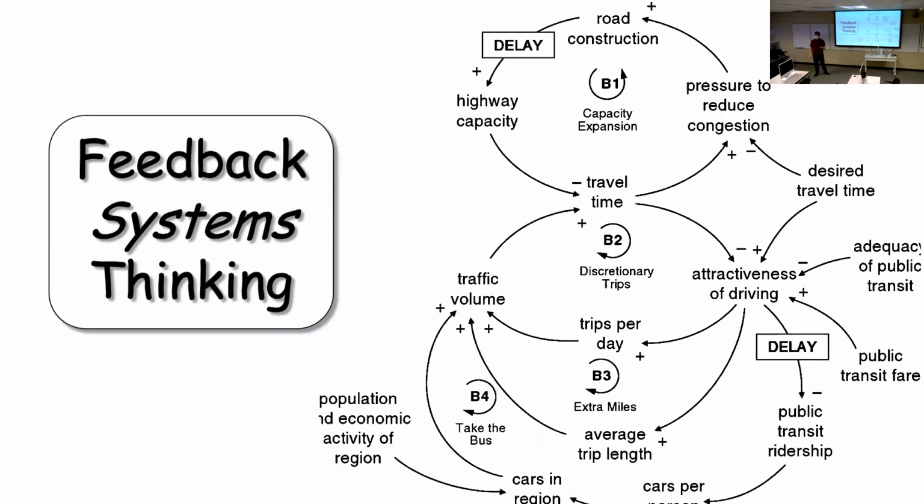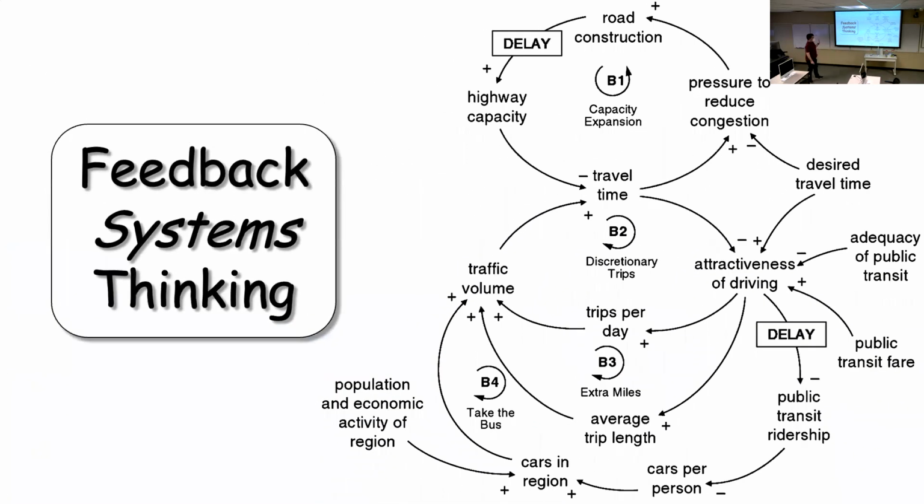All right, so like I said, we can zoom out even farther and consider all of the other things that go on here. If you think about it, it's not hard to come up with all sorts of reasons why decreasing travel time will have all sorts of side effects, which may go way against your ultimate goals.